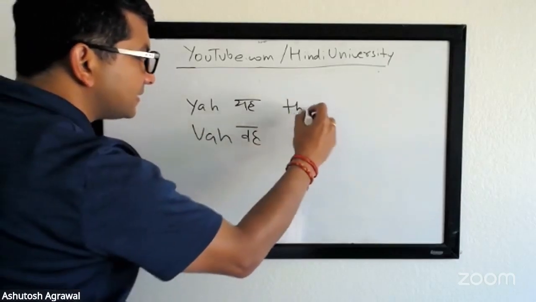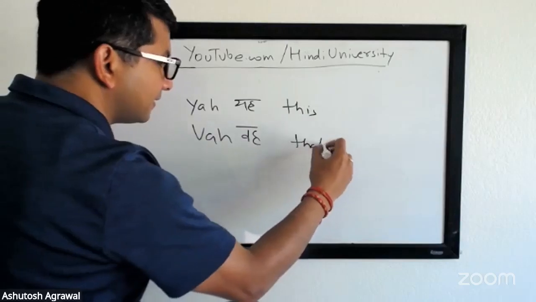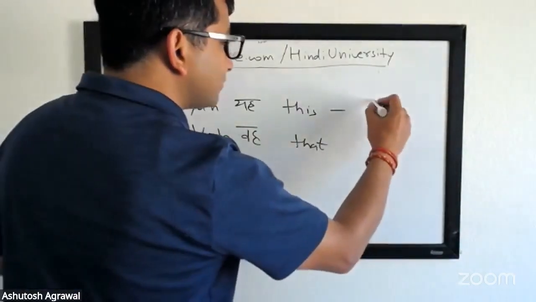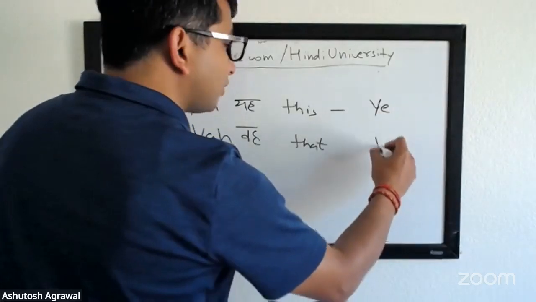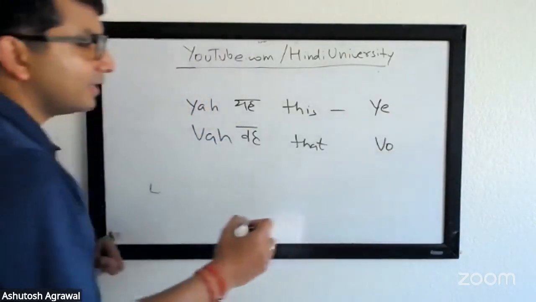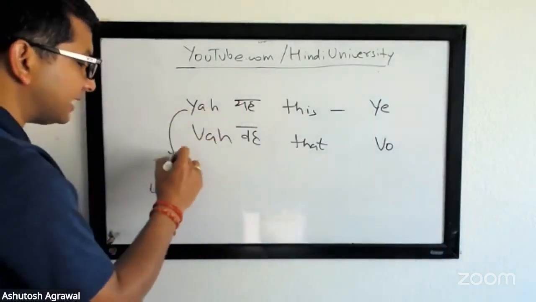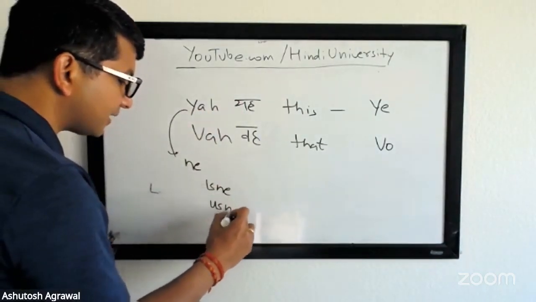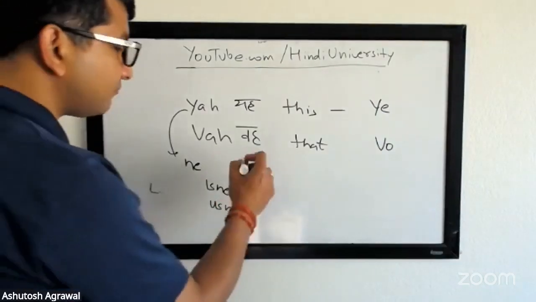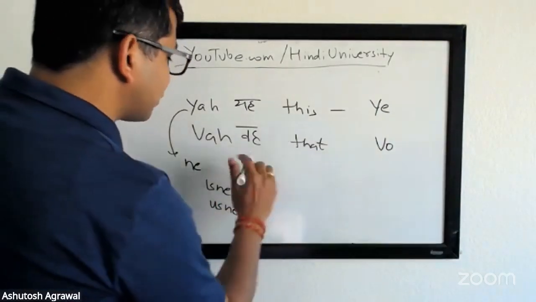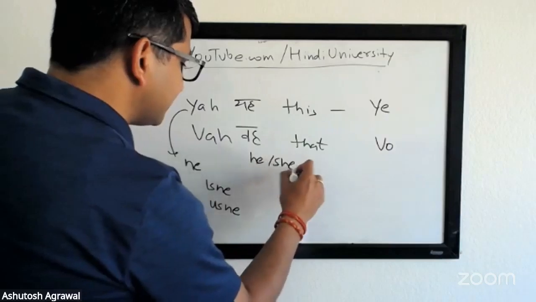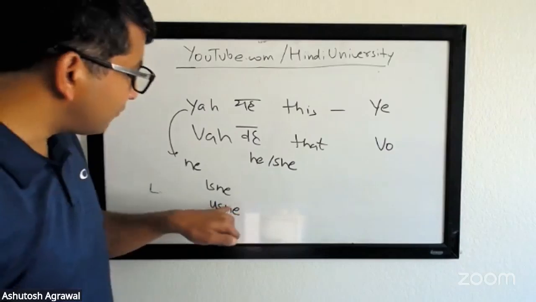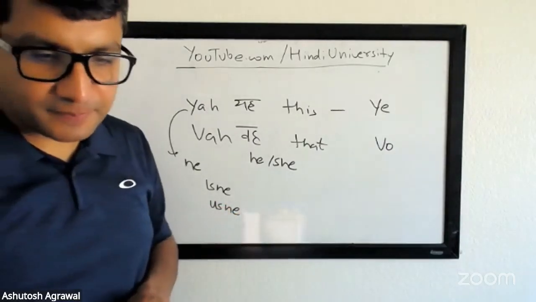Yeh is this, that, right? So what he's saying is it becomes almost like ye, or this one almost becomes vo. Okay, so you are clear when you are saying ne after that, it becomes isne and usne. Vaha is also used for he or she. So the question is, if it becomes ye and wo, what will be the oblique case for that?